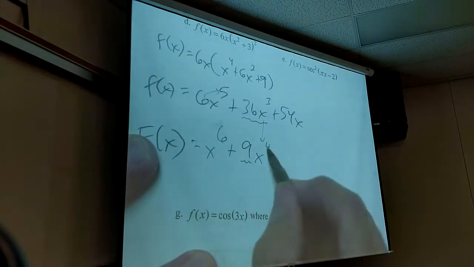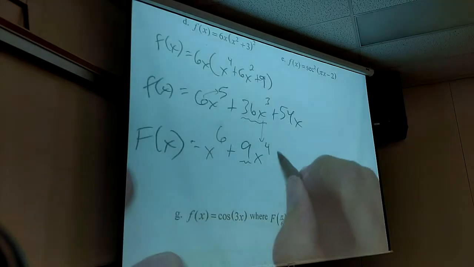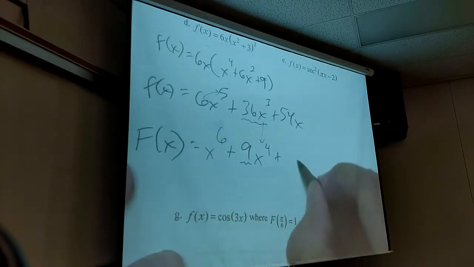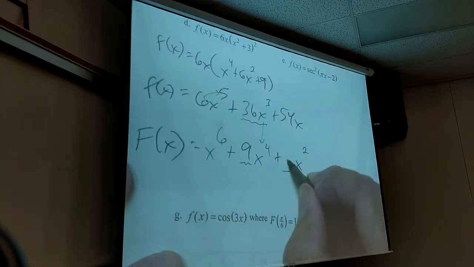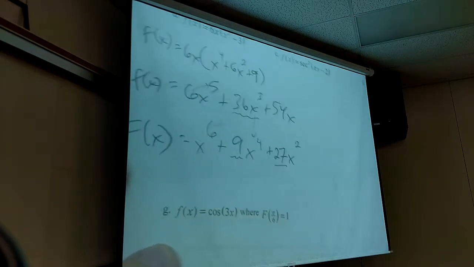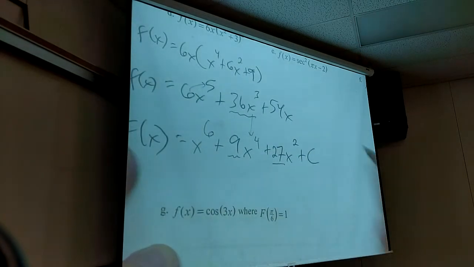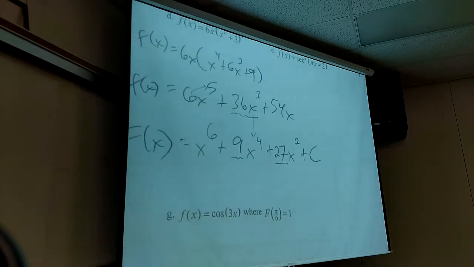There had to be a 9 there, so when the 4 comes down, you make 36. And then this guy's not too bad. This would be x squared, so double that would be 54. 27 plus c. Now real quick, let me show you the shortcut.